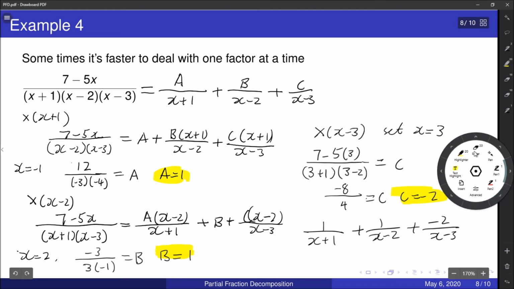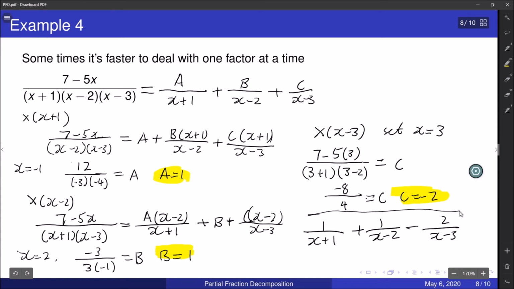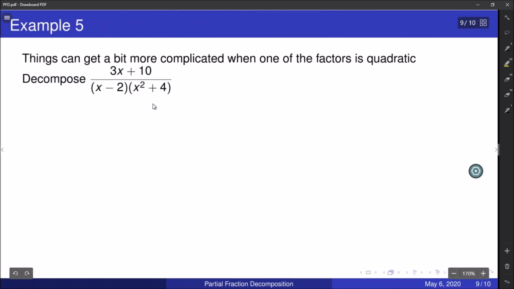Or alternatively, actually, you know what? Just make it minus. Yeah, so here is your partial fraction.